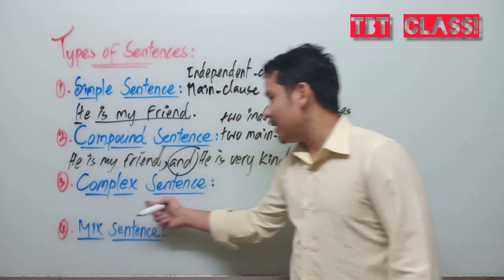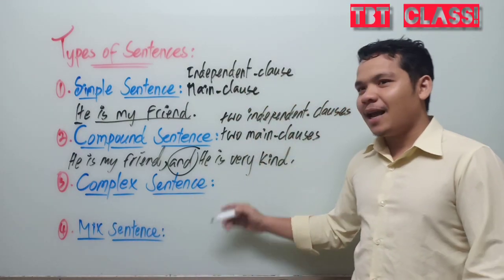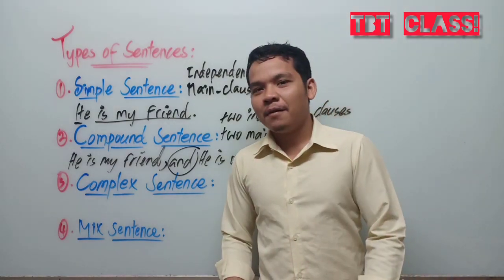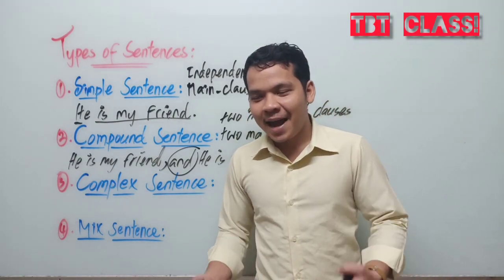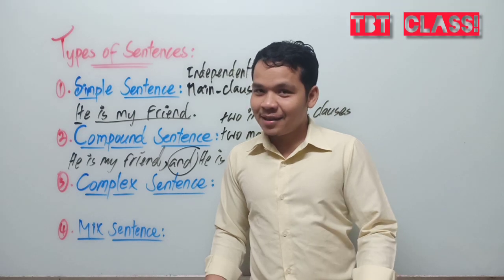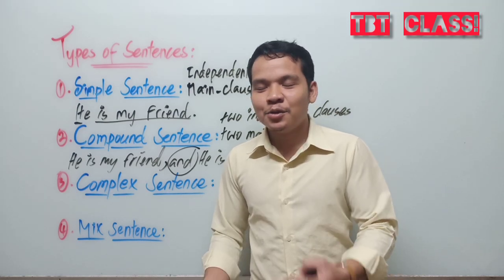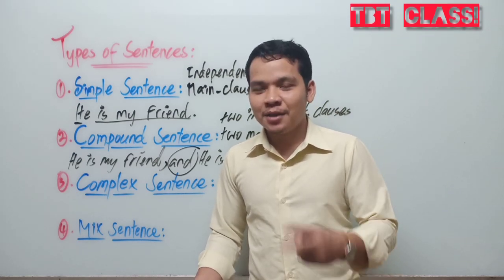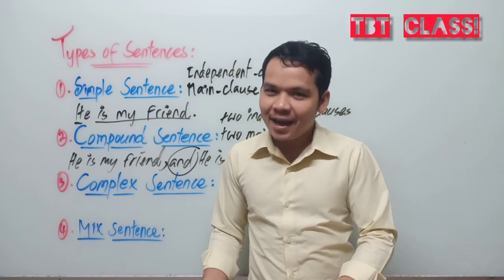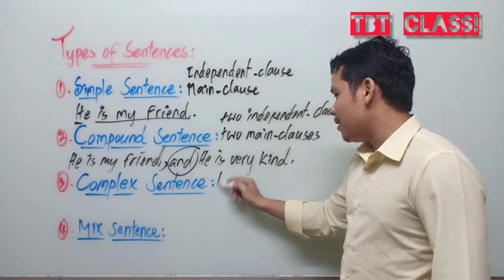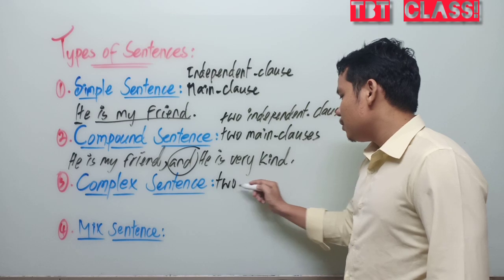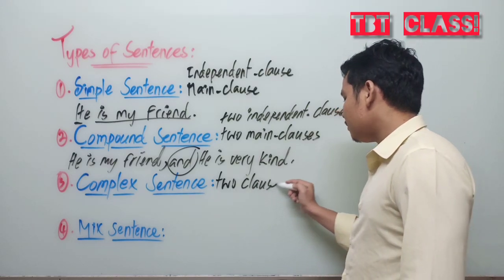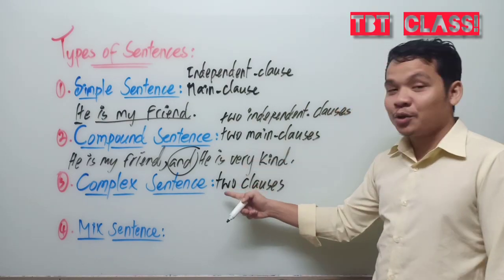Next one, complex sentence. A complex sentence is a type of sentence that has two clauses, but the two clauses are a dependent clause and an independent clause. I put here two clauses, but I don't put two main clauses, just two clauses.